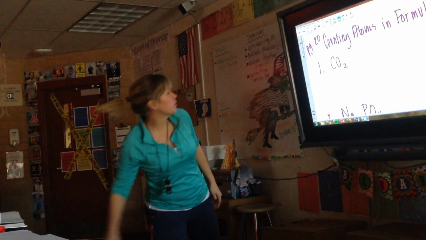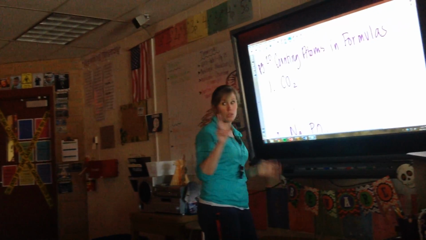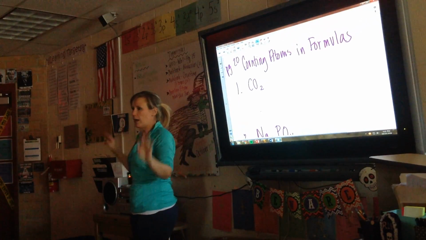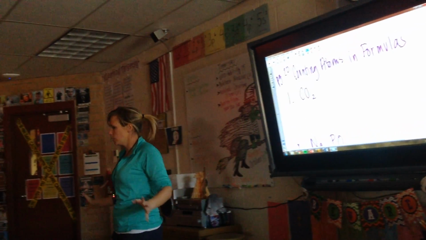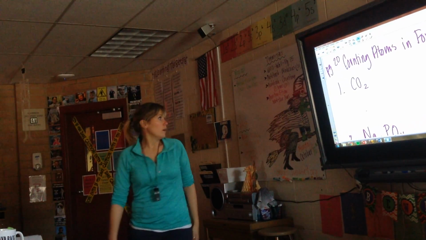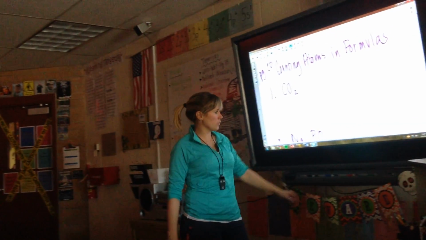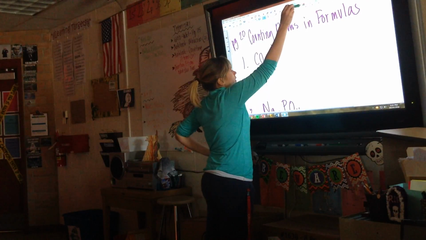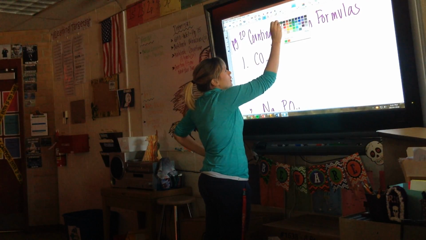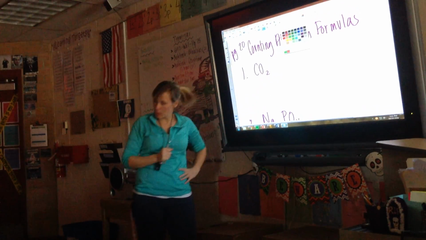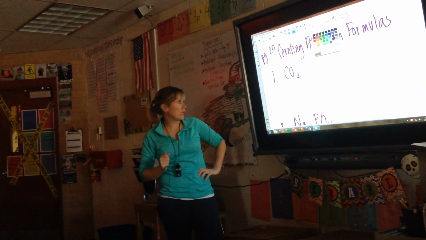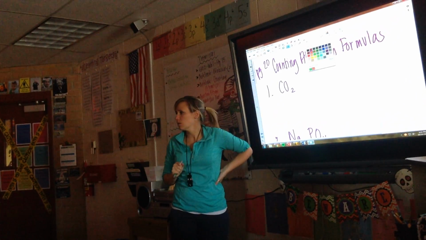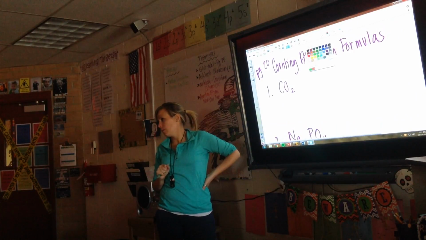Okay, the first one we're going to do, there's 7 total, so save room for 7. I did 2 columns in mine. However you want to do it is fine. Right, carbon dioxide is your first one, CO2. Okay, this is probably like the simplest you will have. As far as it goes, this is pretty easy. Okay, so Maddie, what are the 2 elements in this formula?